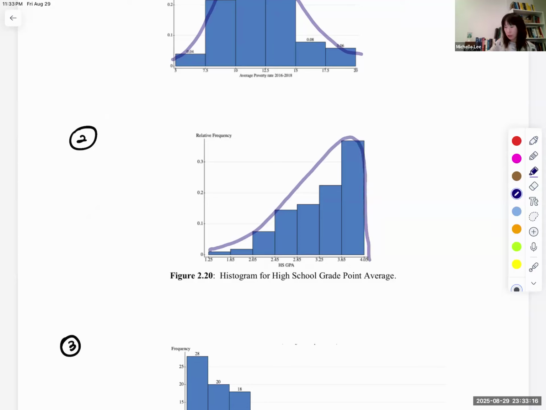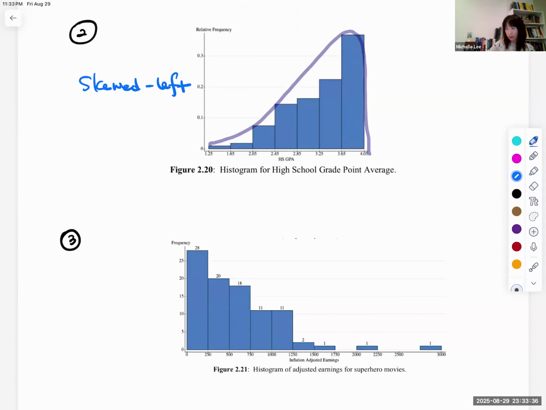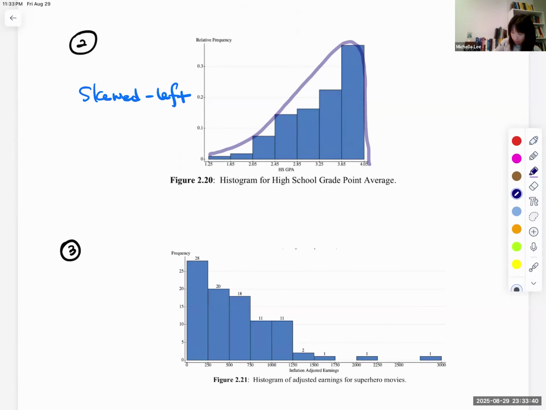Skewed left? Good job. So tail to the left, right? More longer tail in the left. Okay, how about this? This is obvious, right? We can see that. Yeah, skewed right. Tail off to the right, skewed right.